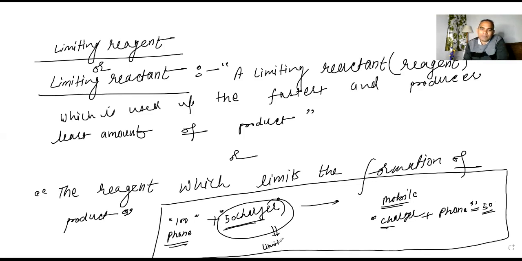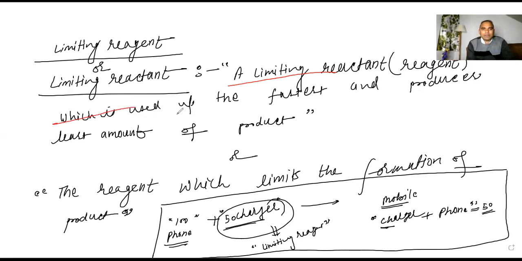So this is becoming the limiting reagent. Let us match this up with the definition. A limiting reactant or reagent is the one which is used up fastest, and that is the charger, and it produces the least amount of product.